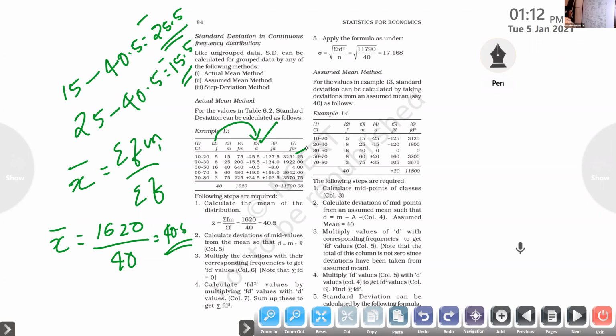Like that, minus 124 multiplied by minus 124, we got 1922. Minus 8, its square is 4. Next one, 156, 3042. 103.5, 3570.75. Next one, sigma FD square. Calculating all these numbers together, we get sigma FD square.